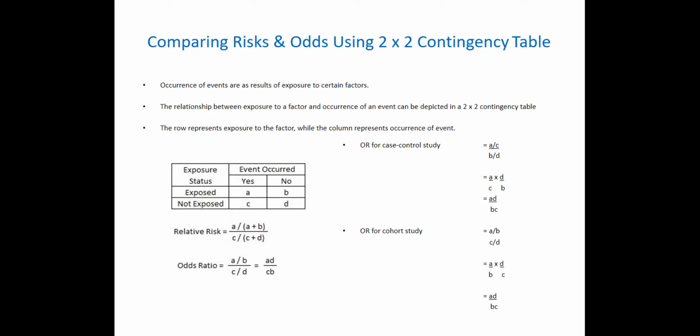Now, let's look at comparing risk and odds, using a 2x2 contingency table. Occurrence of events is a result of exposure to certain factors. When something happens, it's because you were exposed to something that makes it happen.